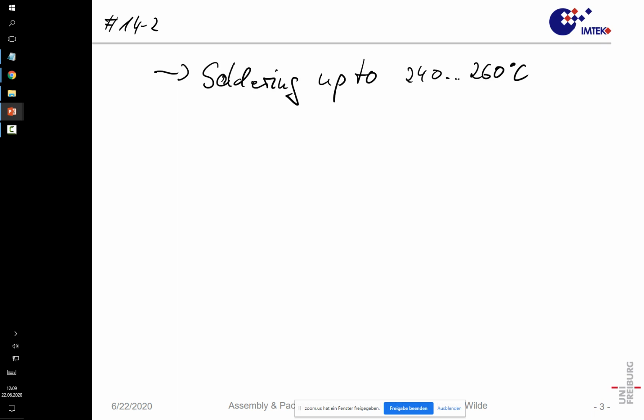So in some standards we use 260 as a reference temperature for the soldering. Heating fast, let's say more than 100 degrees per 10 seconds. So that's a relatively fast rate.